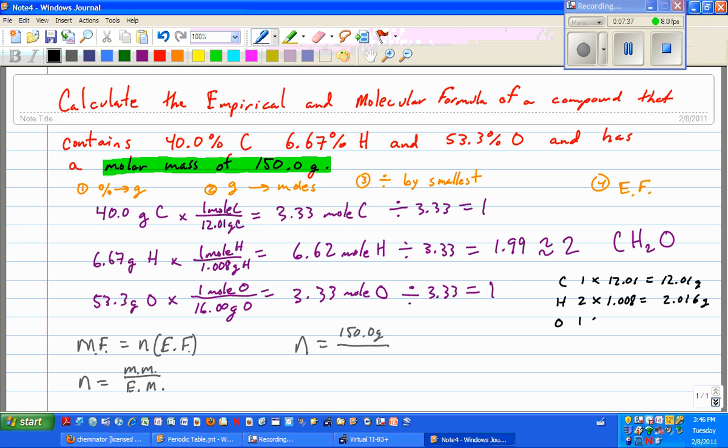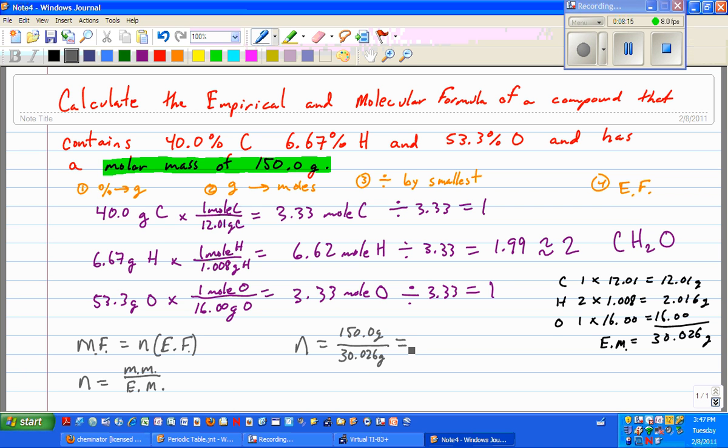And for oxygen, it's 1 times 16.00, which is equal to 16.00. I add these up, and I get 30.026 grams. So that is my empirical mass calculation there.